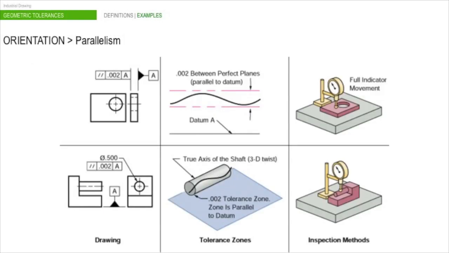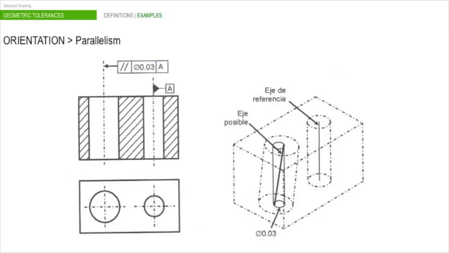Here we can see another example related to an axis. We also can see the inspection methods for these tolerances. In this example, taking as a reference the right axis, we can see how the left axis must be within a cylinder with 30 microns diameter.